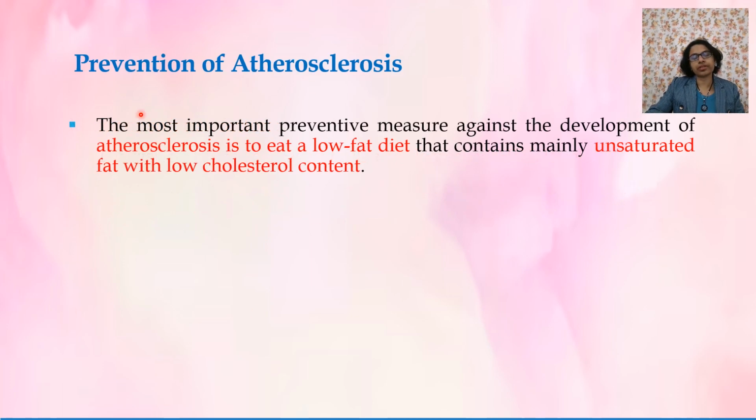Then let us talk about the topic of prevention of atherosclerosis, how we can prevent it. The most important preventive measure against the development of atherosclerosis is to eat a low fat diet that contains mainly unsaturated fat with low cholesterol content. So whatever diet we consume must be a low fat diet.